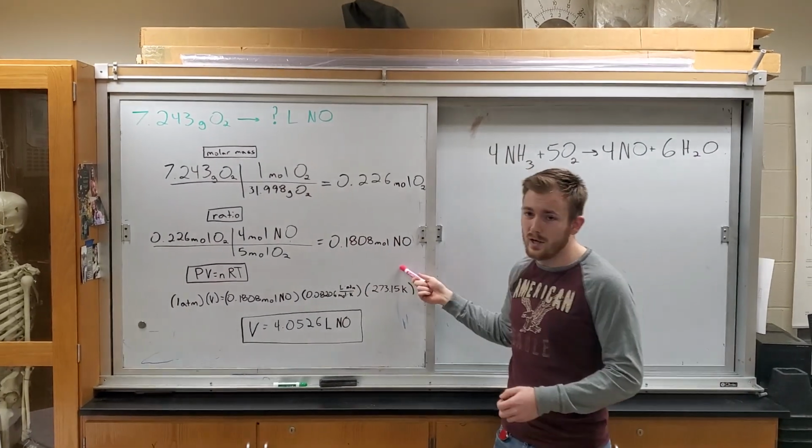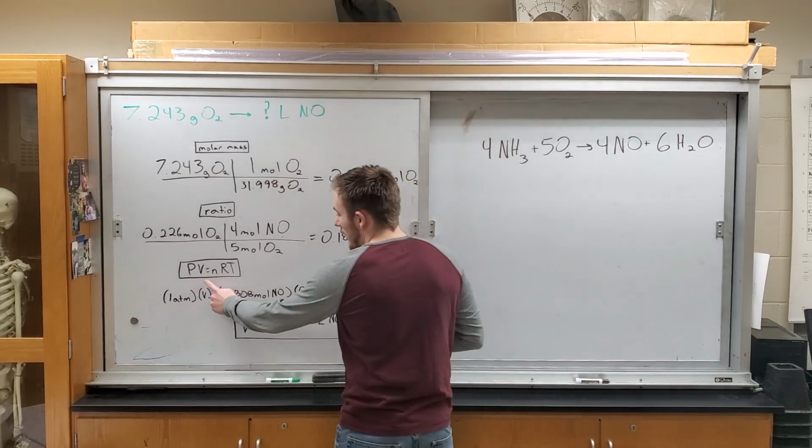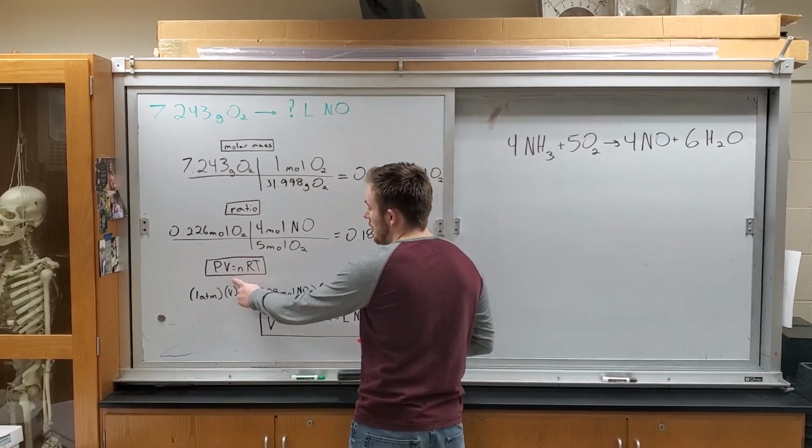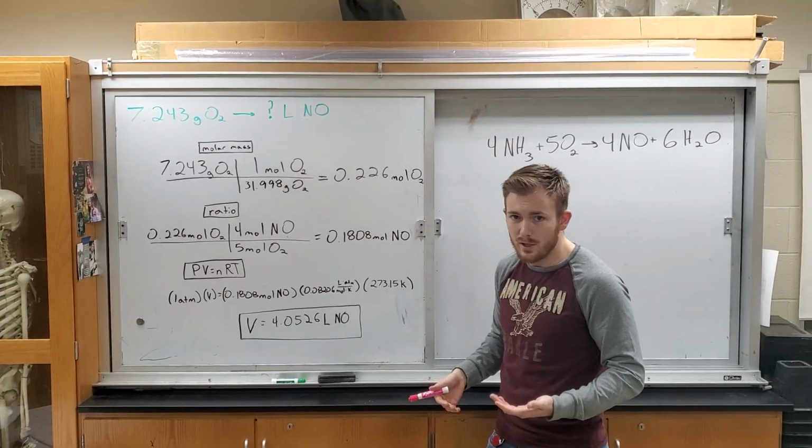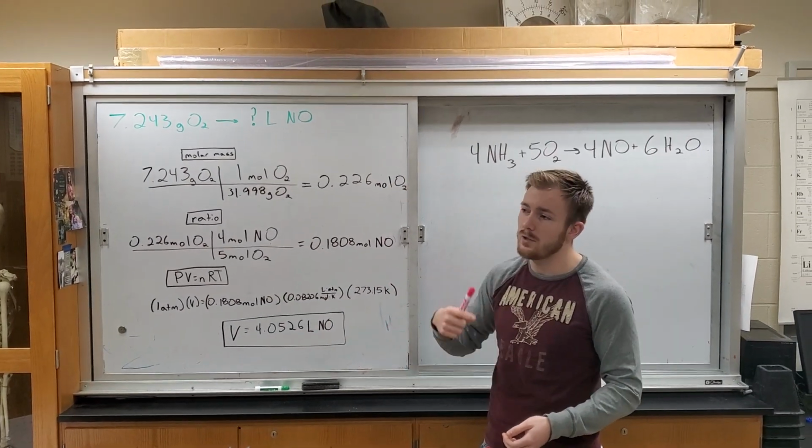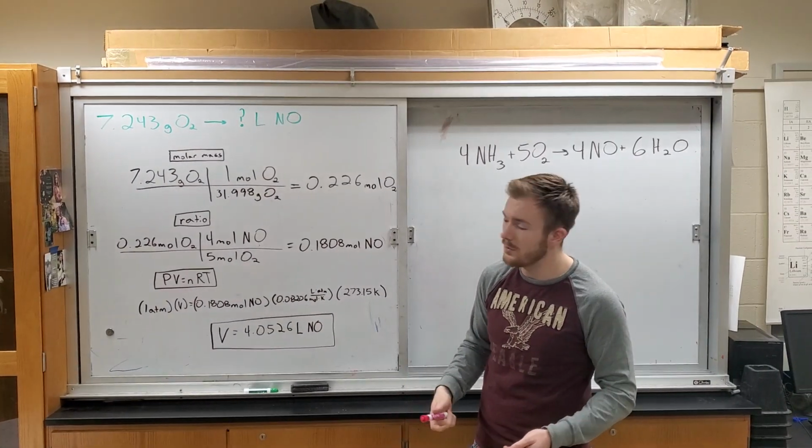So now we have moles of nitrogen monoxide, and we go back to our ideal gas law, PV equals nRT, and we're still at standard temperature and pressure, so that's 1 atmosphere at 273.15 degrees Kelvin.